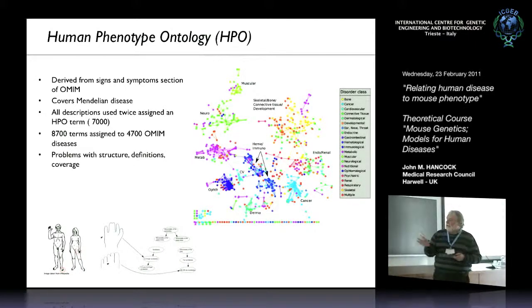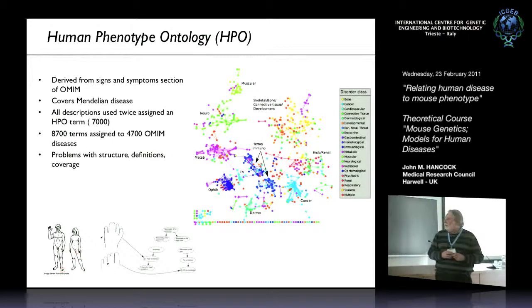And so it covers Mendelian disease, and any term that's been in that massive great list of phenotypes, which appears more than once, is put into this ontology, so it's something that can be used. And so there are something like, there's probably more than that now, but something like 9,000 terms in the ontology. The weakness is that because it's automatically generated, it's not particularly well structured. Things are put together just because they sound similar, not because they necessarily are semantically related.